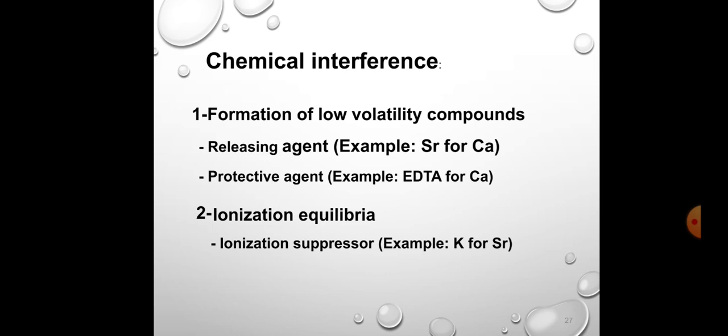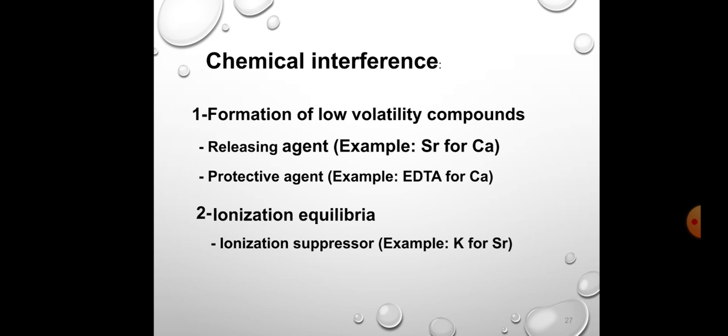And the tendency of phosphate toward strontium is more than calcium. So when you add strontium, the phosphate will go around strontium, and calcium will be released. So this is called a releasing agent.